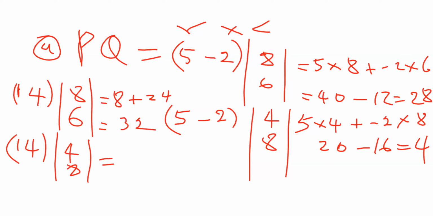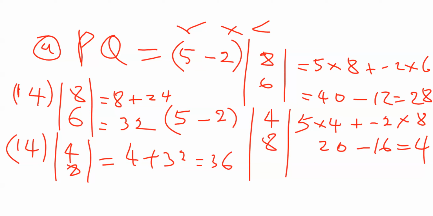This one will be 1 times 4 plus 32. Answer is 36. And that means our final answer will be 28 and 4 as the first row, 32 and 36 as the second row.